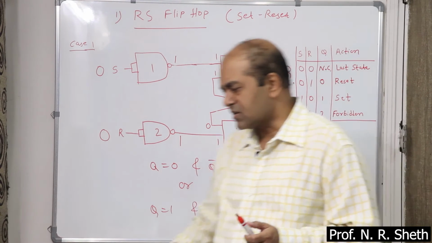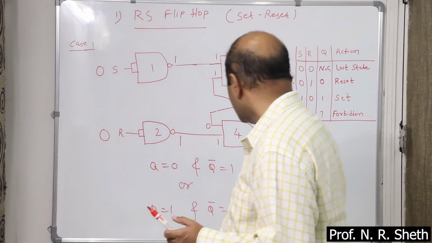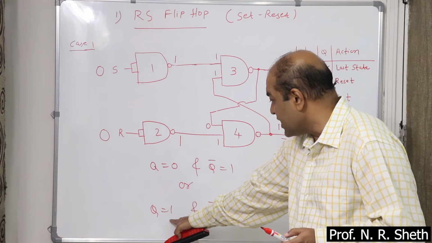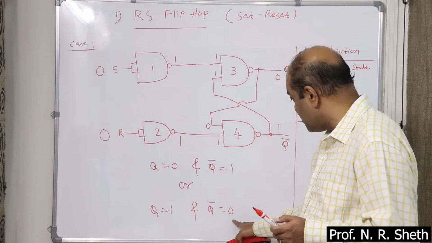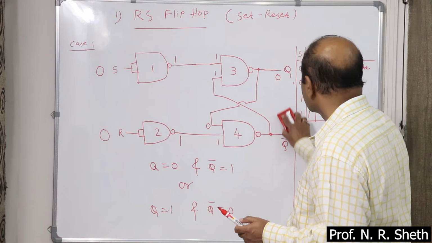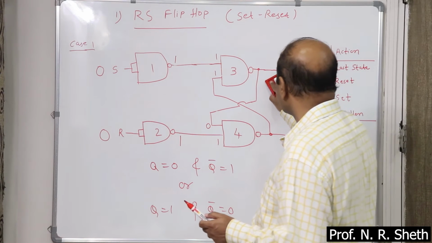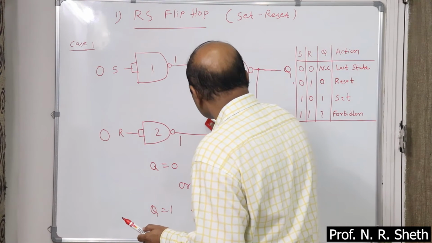But let us discuss the second possibility. Suppose Q is 1 and Q bar is 0 in the previous case.